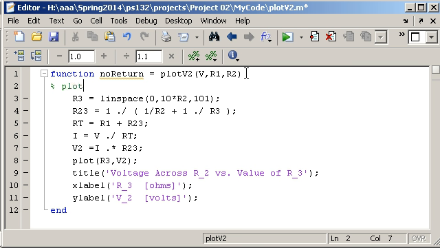Plot V2 makes a graph of the voltage across R2 versus the value of R3 for the case of a circuit consisting of a source of EMF in series with a resistor of resistance R1 in series with a parallel combination of a resistor with resistance R2 and a resistor with resistance R3 as a function of the value. I think I already said that part.